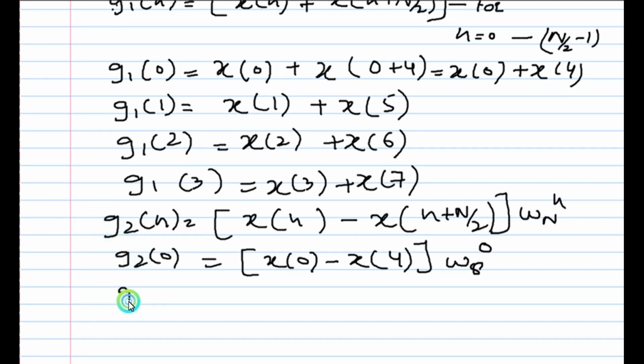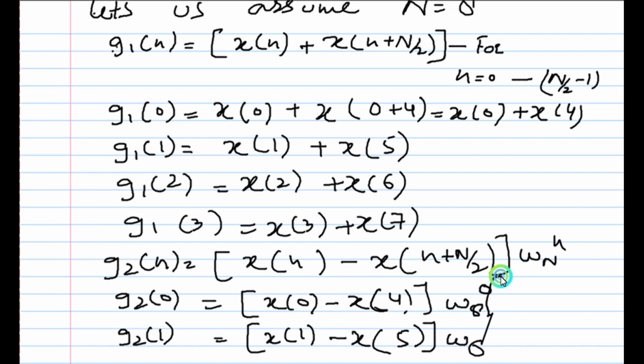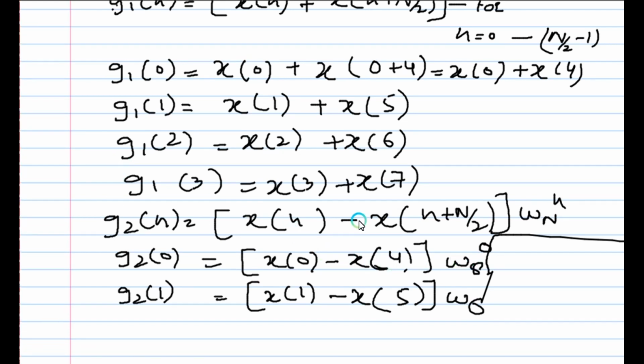Similarly g2 of 1 will be equivalent to x of 1 minus x of 1 plus N by 2, that is 4, that is 5, multiplied by W_8 to the power 1.